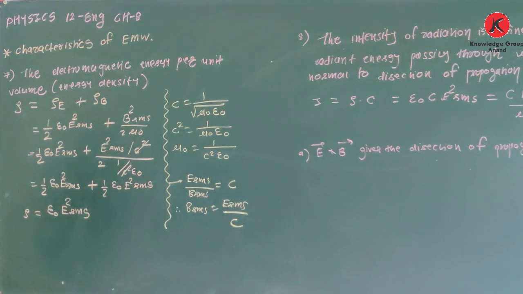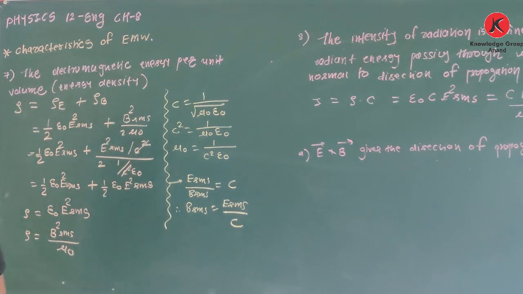You can also write this equation as rho is equal to B square RMS upon mu 0. The first is in terms of the electric field and this one is in terms of the magnetic field. So it is one different point. You have to obtain this relation, and there are some questions based on this equation.